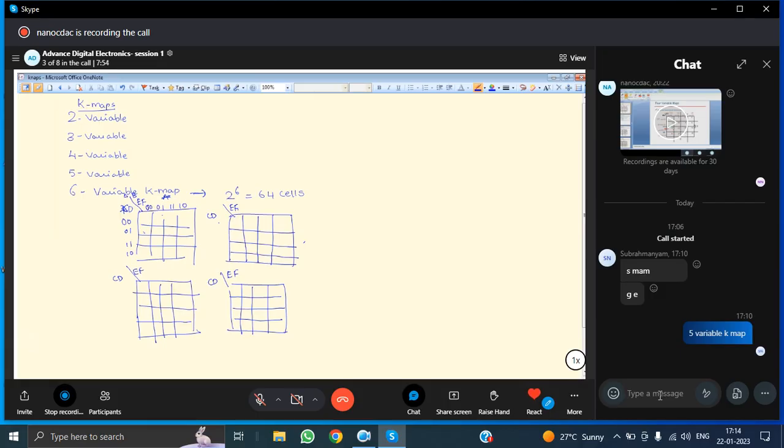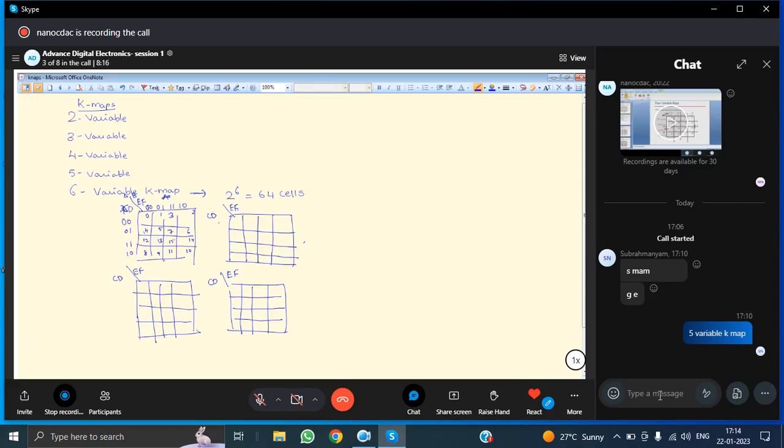We have combined 4 K maps of 16 cells. Here it will be 0, 1, 2, 3, 4, 5, 6, 7, 8, 9, 10, 11, 12, 13, 14, 15.